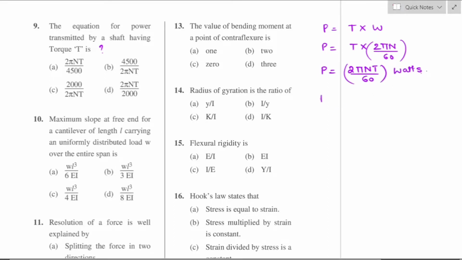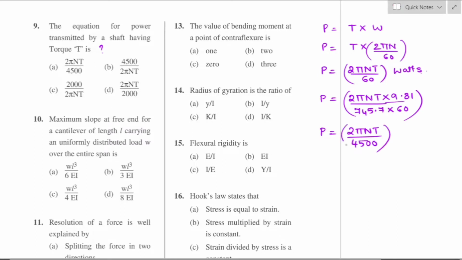So to convert it into horsepower, 2 pi nT divided by 745.7 into 60, and to convert torque into horsepower we multiply by 9.81. So power of the shaft will be 2 pi nT divided by 4500. So this formula is in terms of horsepower. So the right answer is option A.